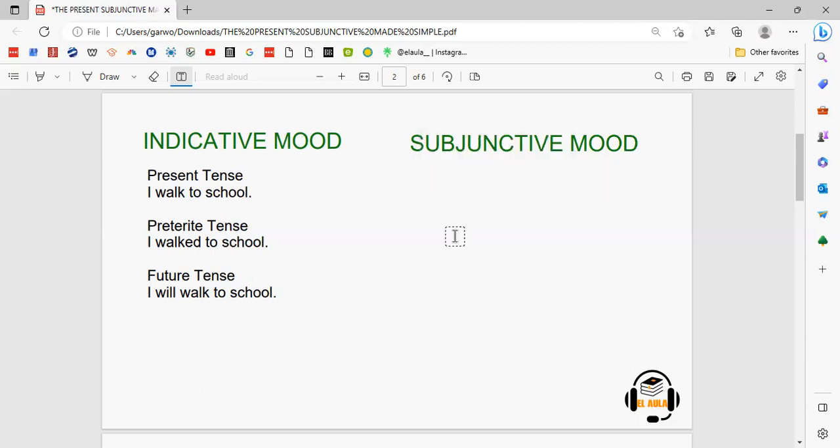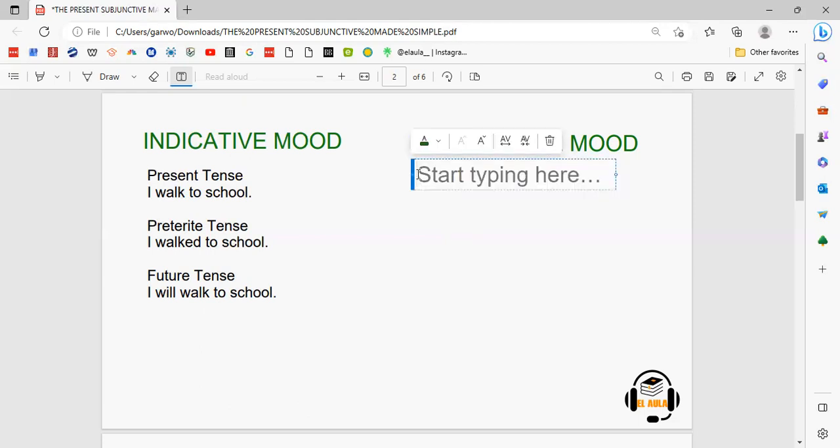The subjunctive mood is used to express things that we are more uncertain about, things that we doubt, things that we hope for, things that we recommend, right? We can hope for something. That doesn't make it concrete. That doesn't mean it's going to actually happen. You know, it's a hope, it's a desire.